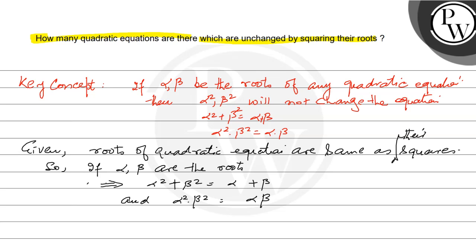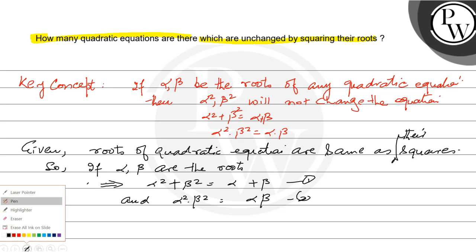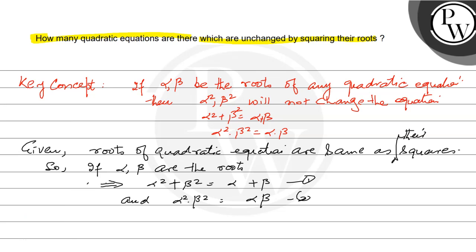So let it be 1 and 2. So this implies, first I am taking this one, alpha square plus beta square is equal to alpha plus beta.